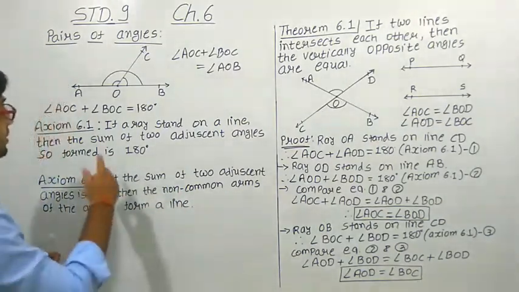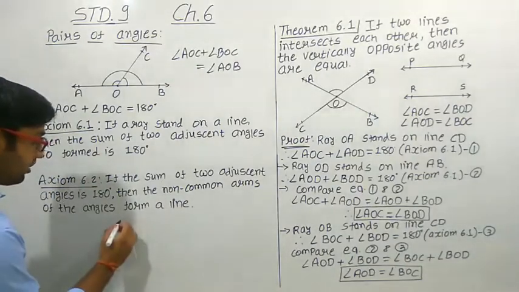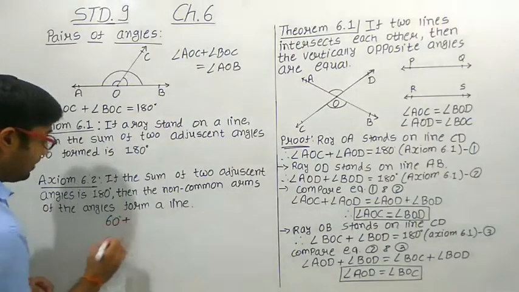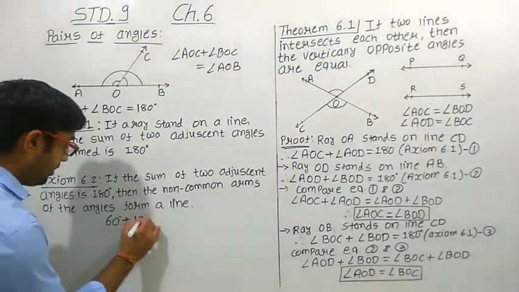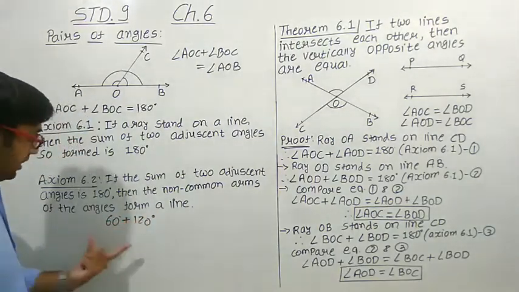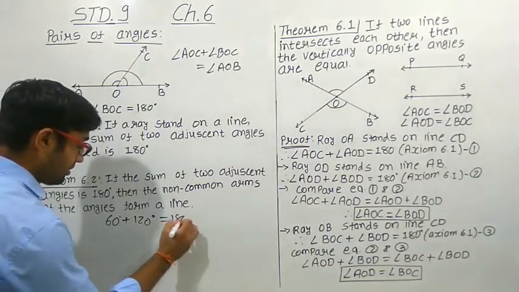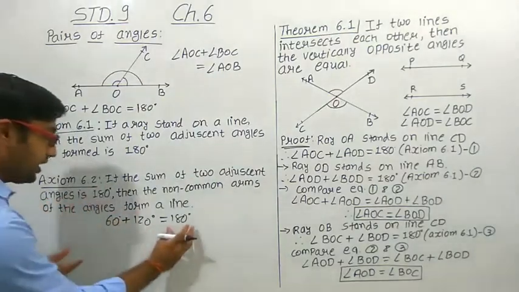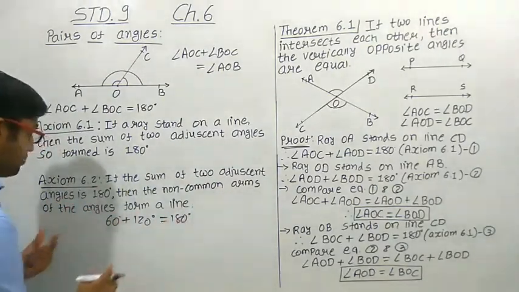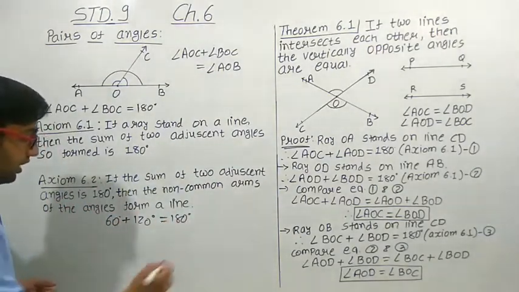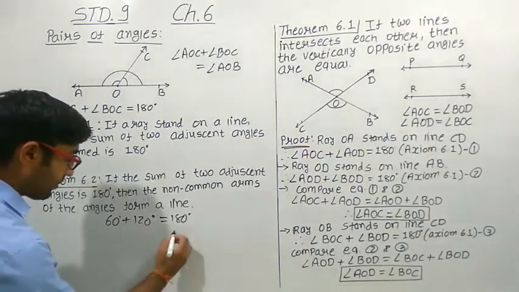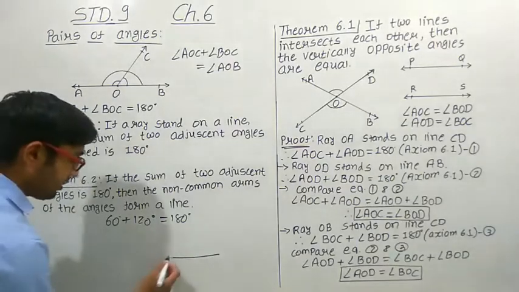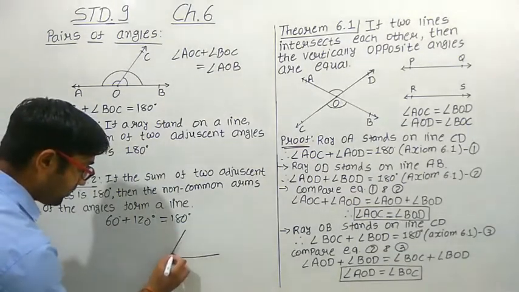So let's suppose we have two angles, one has a value of 60 degrees and another has the value of 120 degrees. Then the addition we get is 180 degrees. Let us first of all draw the 60 degrees. If you consider this as a baseline, then 60 degrees you will get somewhere here.